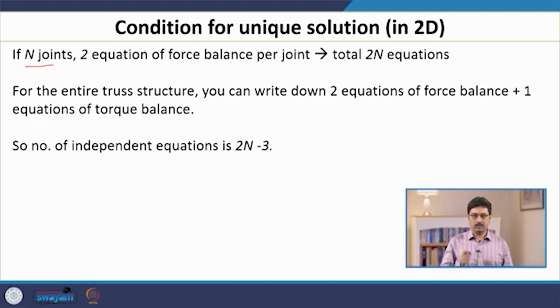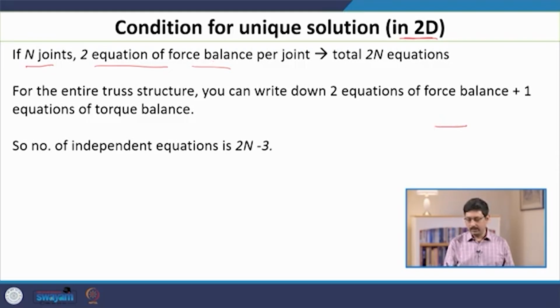If you take your joint as your system and everything else as the surrounding, then you can write down two equations of force balance. What I have in mind here is a 2D truss, a condition in two dimensions where all the forces act in the same plane. So, you can write down two equations of force balance per joint.